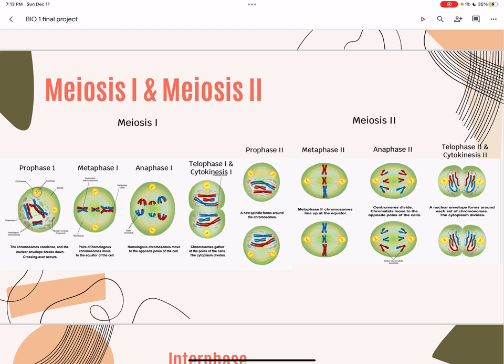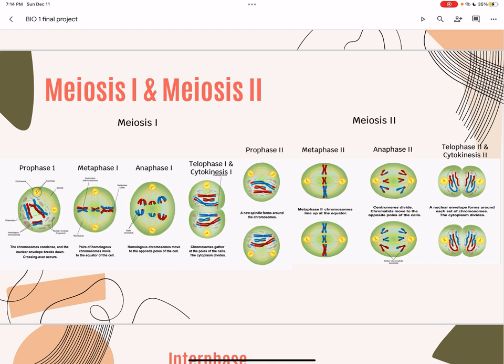Meiosis 2 is basically the same thing, except you have two cells if you started off with one. In metaphase 2, the chromosomes will stack alongside each other, not stacking on top as well as alongside.